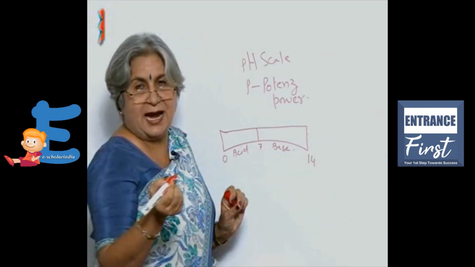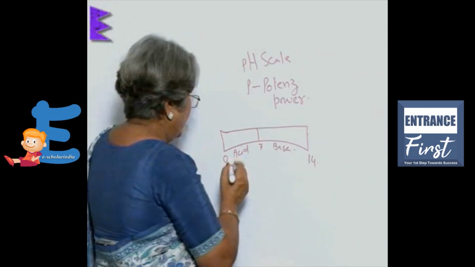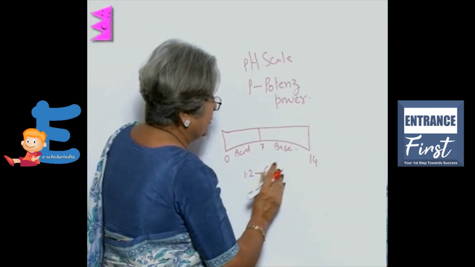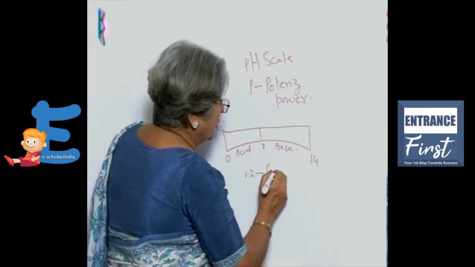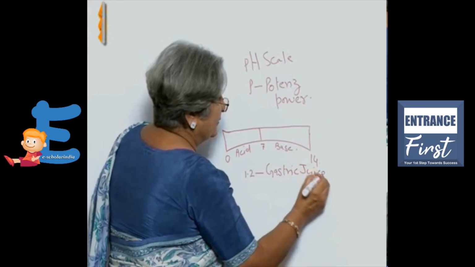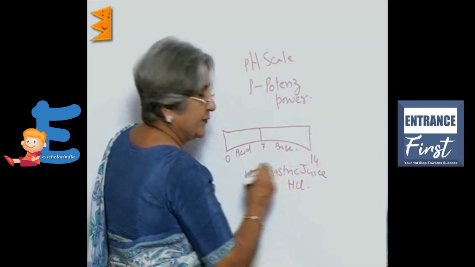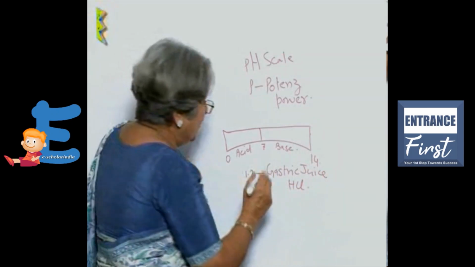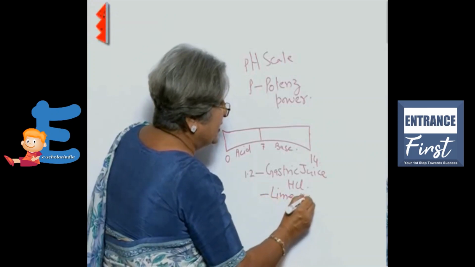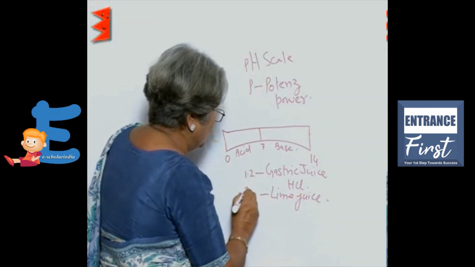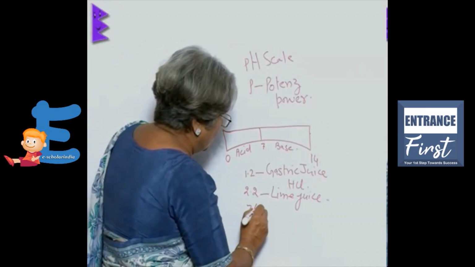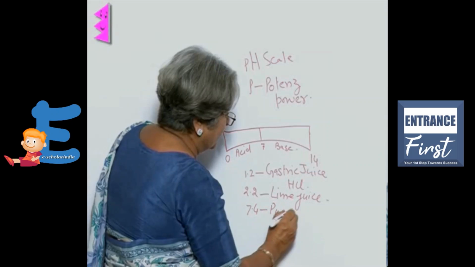Now just to understand a little more clearly, at 1.2 is gastric juice, and you know that gastric juice has HCl in it. The lime juice, which has citric acid in it, is 2.2. At 7.4 we have pure water.